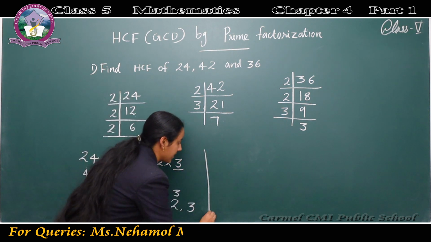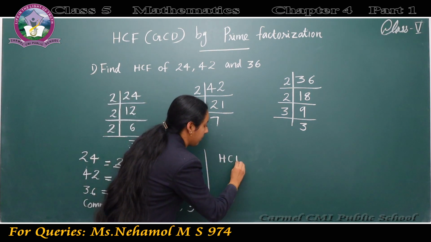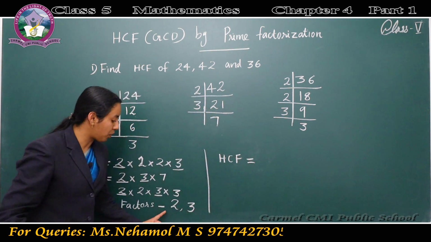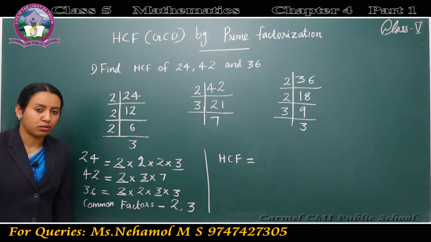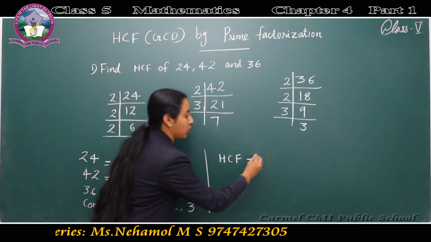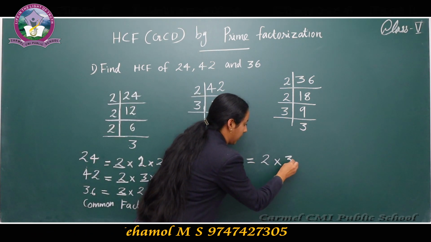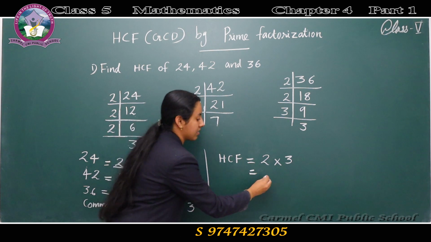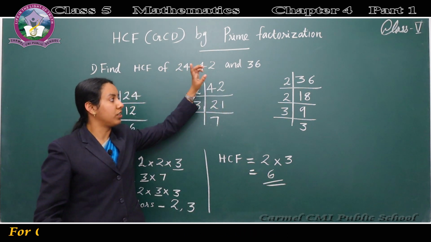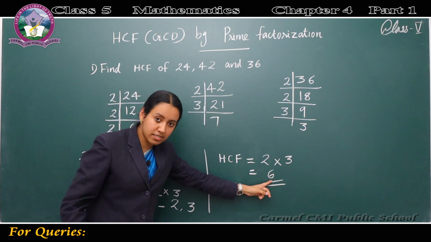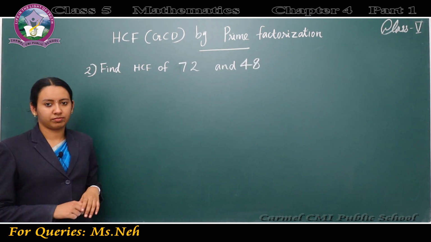Then, HCF. HCF is equal to product of common factors. That means 2 into 3. 2 3s are 6. So HCF of 24, 42 and 36 is 6.